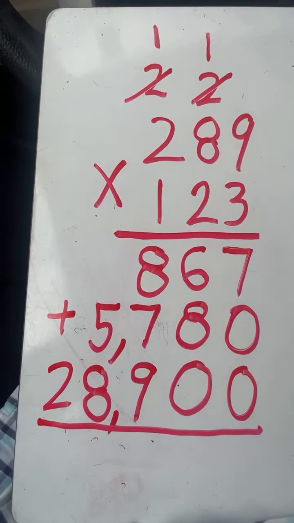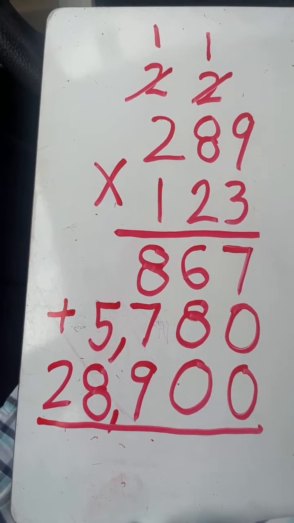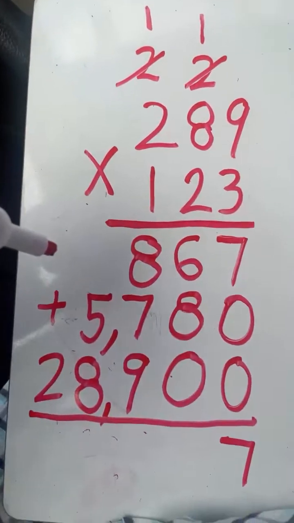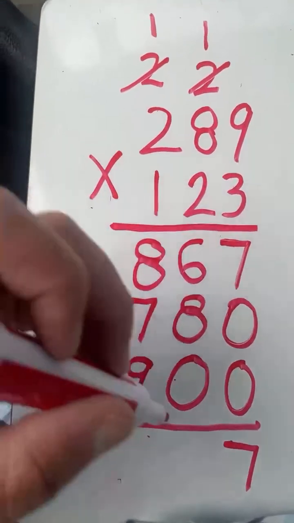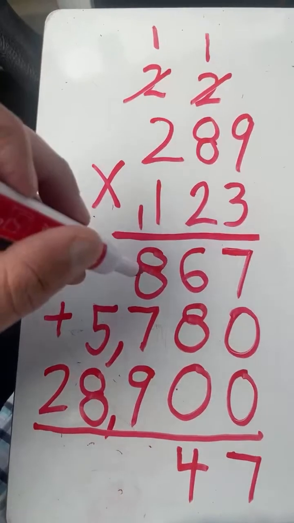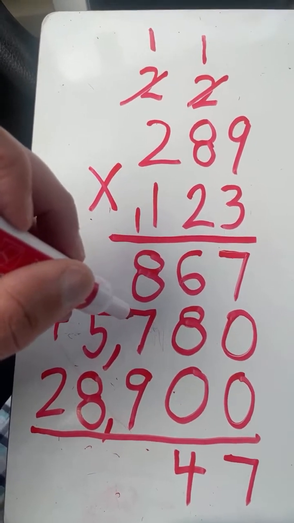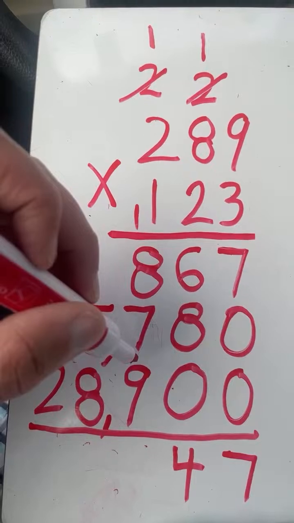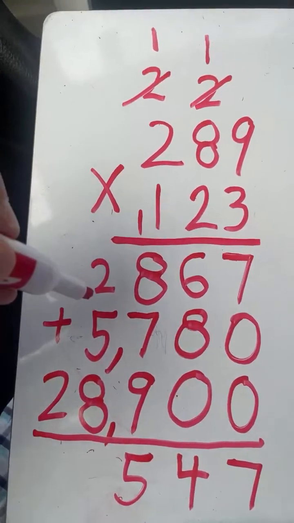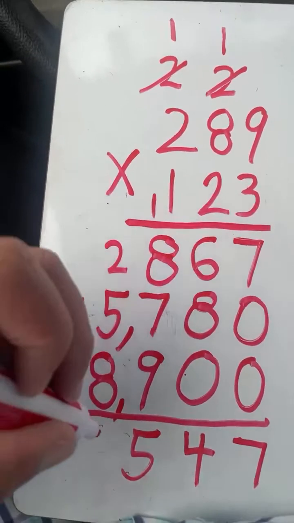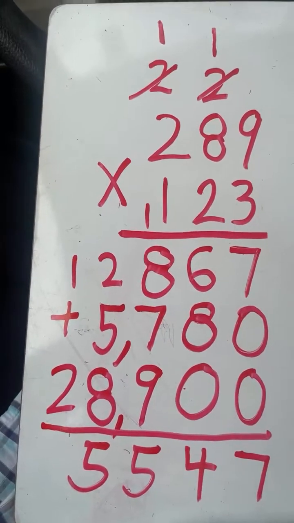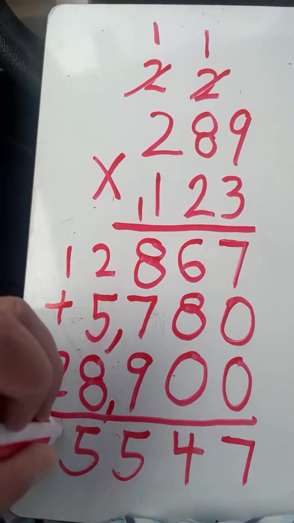So now we're going to add these 3 numbers together to get our final answer. 7 plus 0 equals 7. 6 plus 8 plus 0 equals 14. 4, carry the 1. 1 plus 8 equals 9, plus 7 equals 16, plus 9 equals 25. 5, carry the 2. 2 plus 5 equals 7, plus 8 equals 15. 5, carry the 1. 1 plus 2 equals 3.